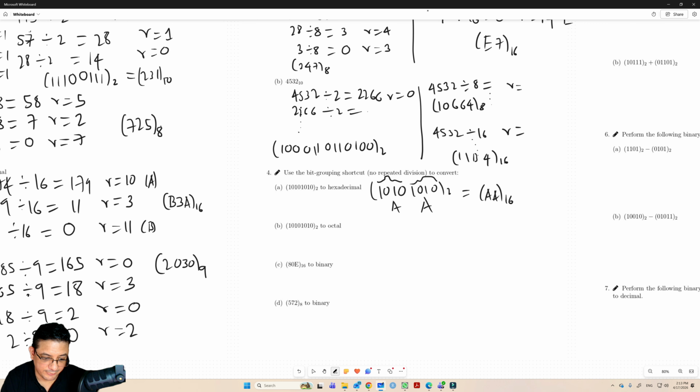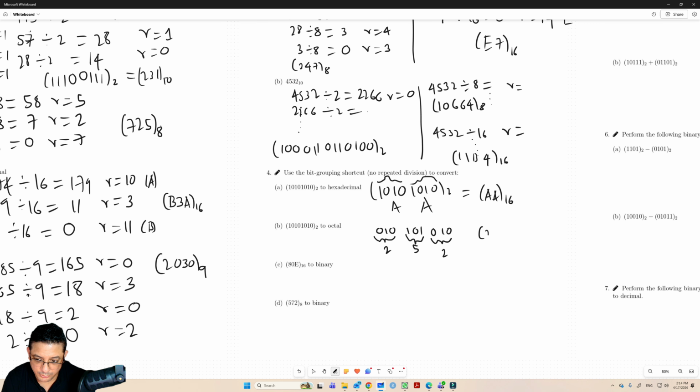Now, if I'm doing this in octal, then I have to do it in groups of 3, and I have to go from the right. So, for example, to represent this in octal, I'll be doing 0, 1, 0, and this will represent 2, then 1, 0, 1, and this will represent 5, and then 0, 1, 0, and this will represent 2 again.